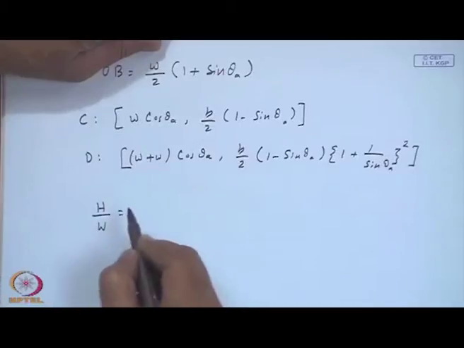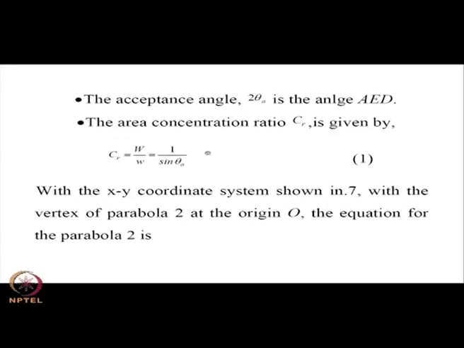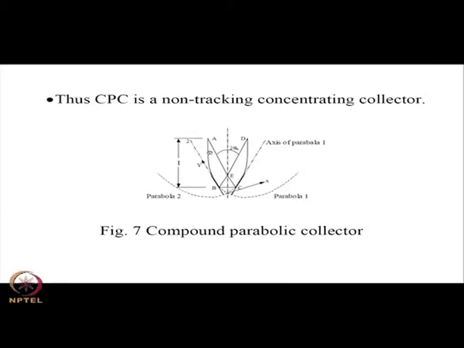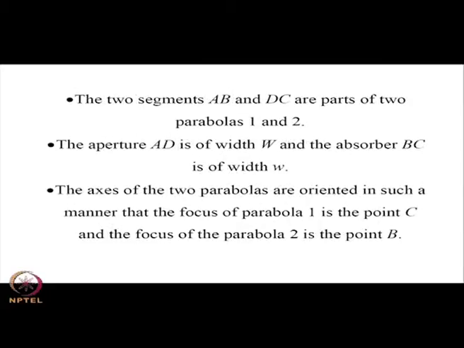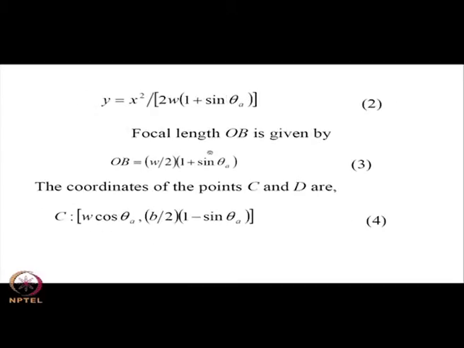So, now the concentration ratio, the height to the width h upon w, which again I will refer to the figure. The total height is h as shown over here, that is between the points B to A or C to D. It looks like I, but it is h.